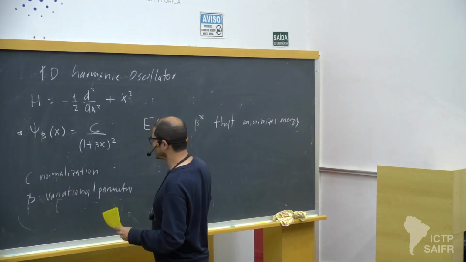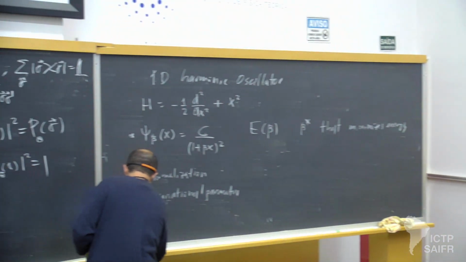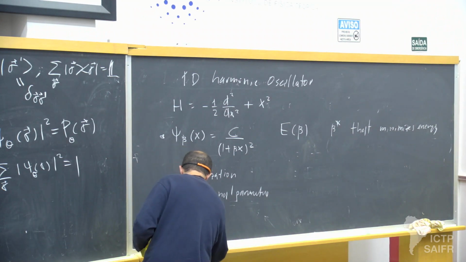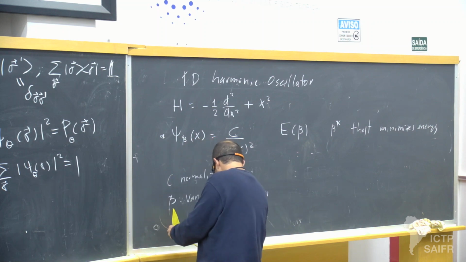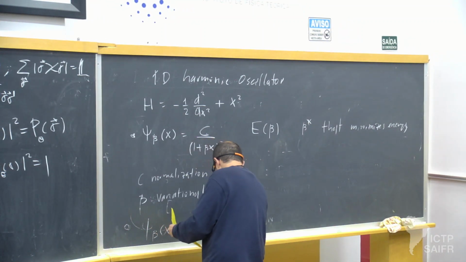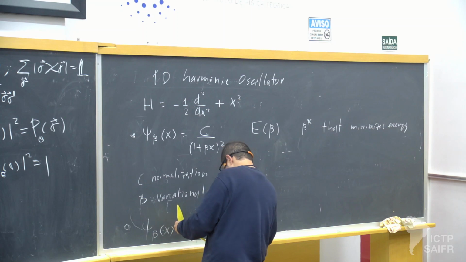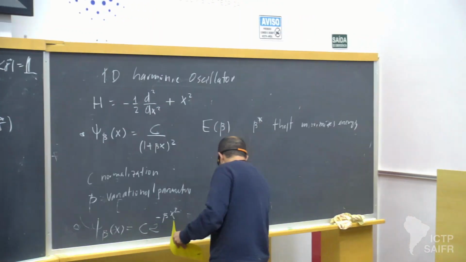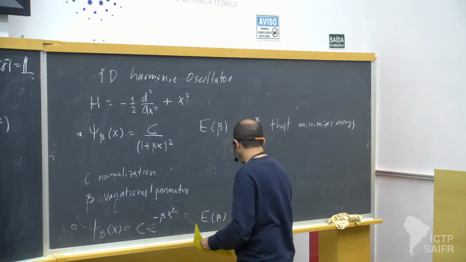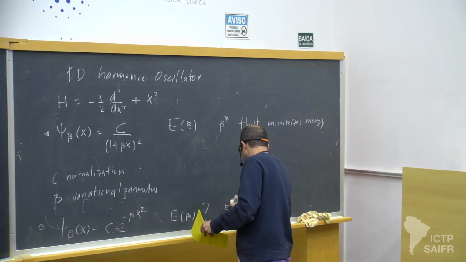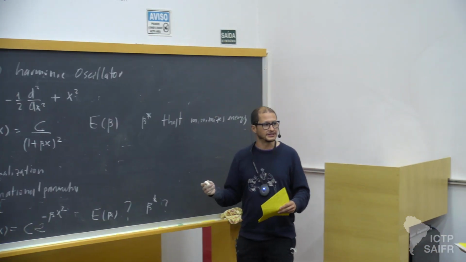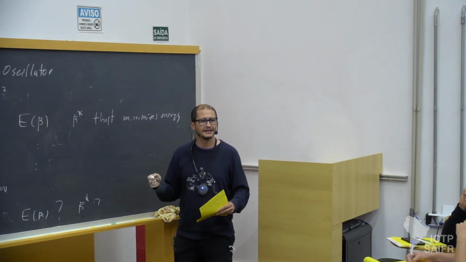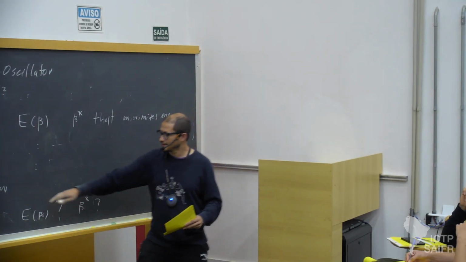And then the second one, take this. Again compute E of beta and beta star. Which one do you think will give you the best energy, A or B?